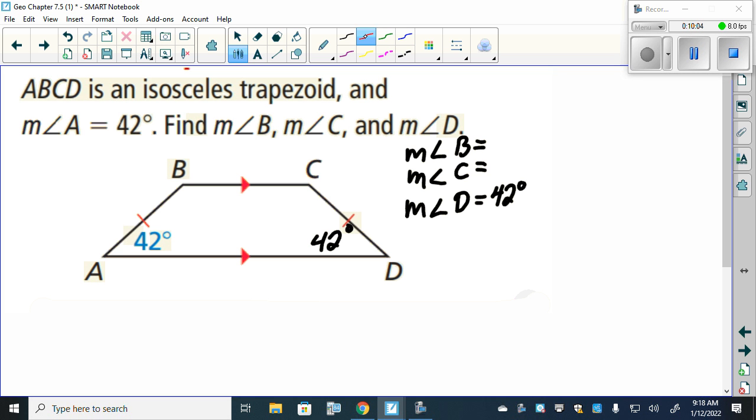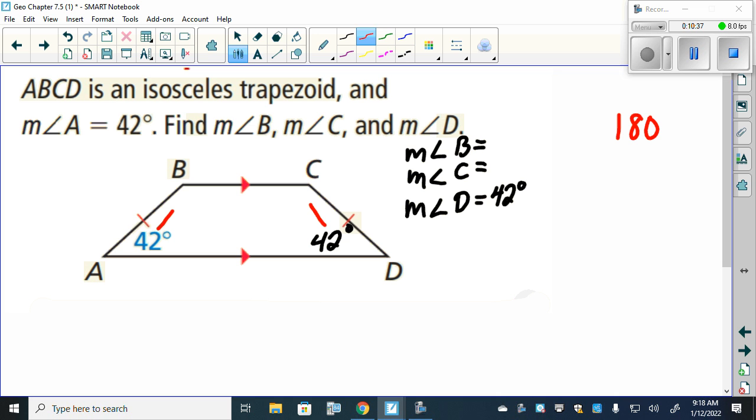What can we do next? Yes, because we know that the consecutive angles, the non-base angles, will add together to be 180. We can't just say consecutive angles because A and D and B and C are technically consecutive angles, but the base angles in isosceles trapezoid are congruent, so they won't add together to be 180. So the non-base angles will be supplementary.